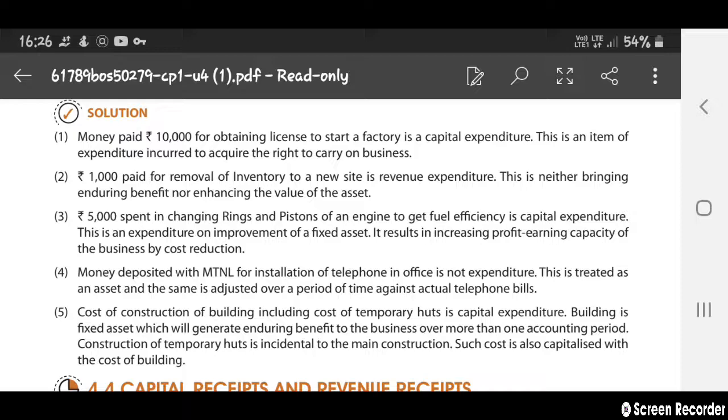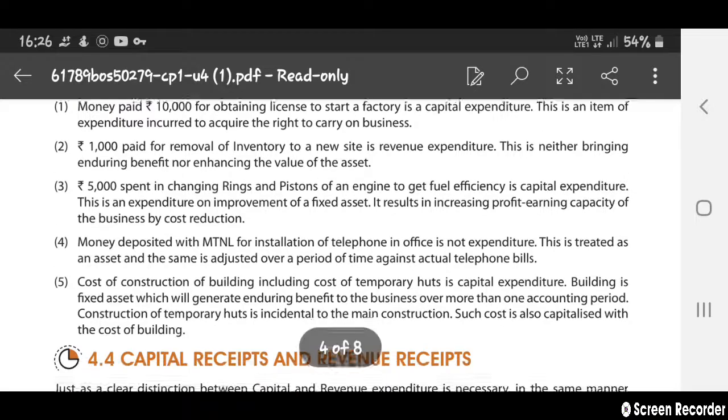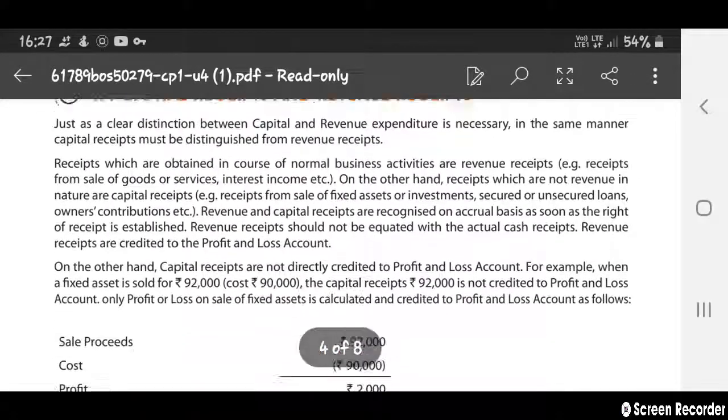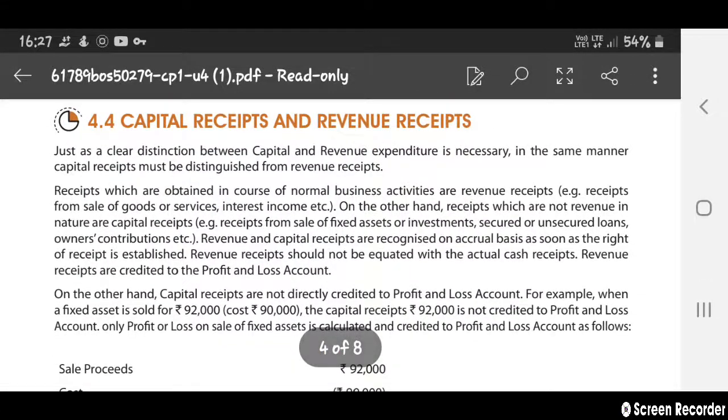Building is a fixed asset which will generate enduring benefits to the businessman over more than an accounting period. The construction of temporary huts is incidental to the main construction, so such cost is also capitalized with the cost of the building.